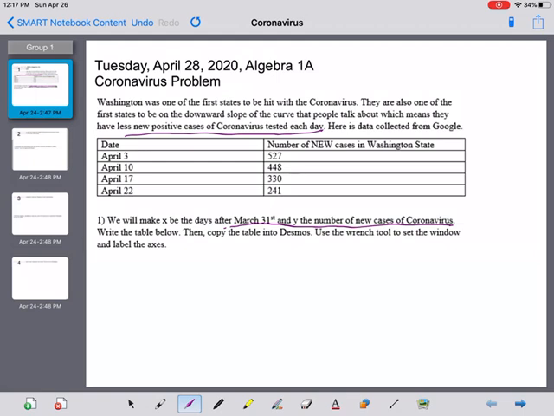Write the table below. So we can't put dates into Desmos, but we'll make them into numbers. So we're just going to make it the days after March 31st. In your project, it's going to be hours after you wake up. So here's the table that you're going to put into Desmos, and I will do that in just a second.